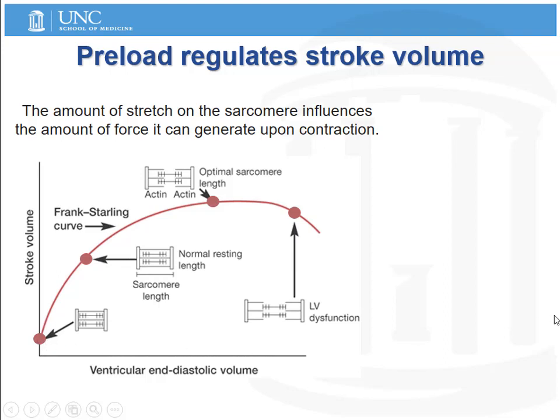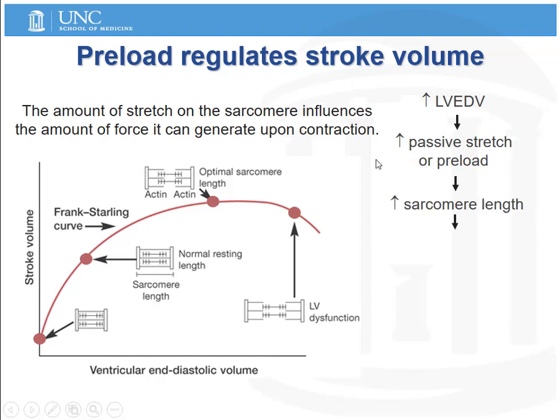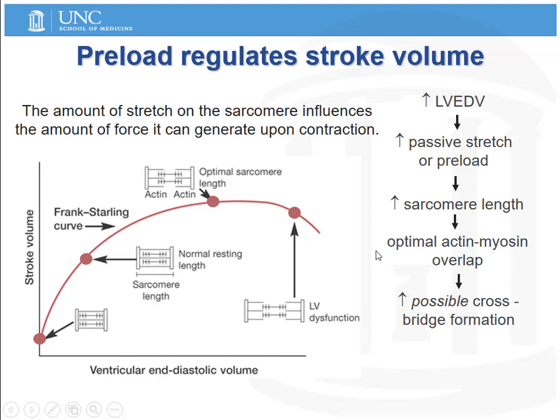So to summarize, the left ventricular end diastolic volume increases the passive stretch on the cardiac myocytes and their sarcomeres, or increases the preload. At the cellular level, this stretch increases the length of the sarcomere, placing it in a position for optimal actin-myosin overlap. Optimal overlap allows the potential for more possible actin-myosin cross bridges to form upon contraction.